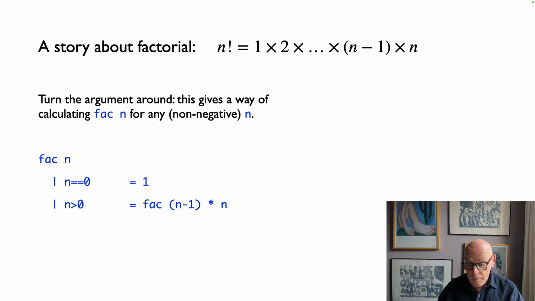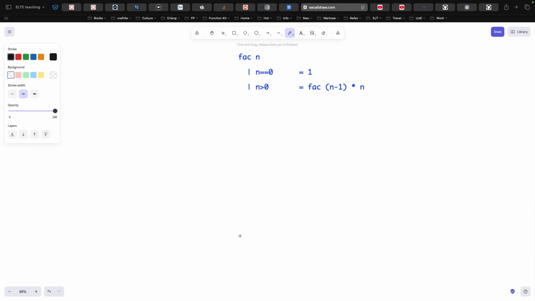Let's see that now. Here's the definition of factorial of n, and let's do an evaluation. What is factorial of 3?